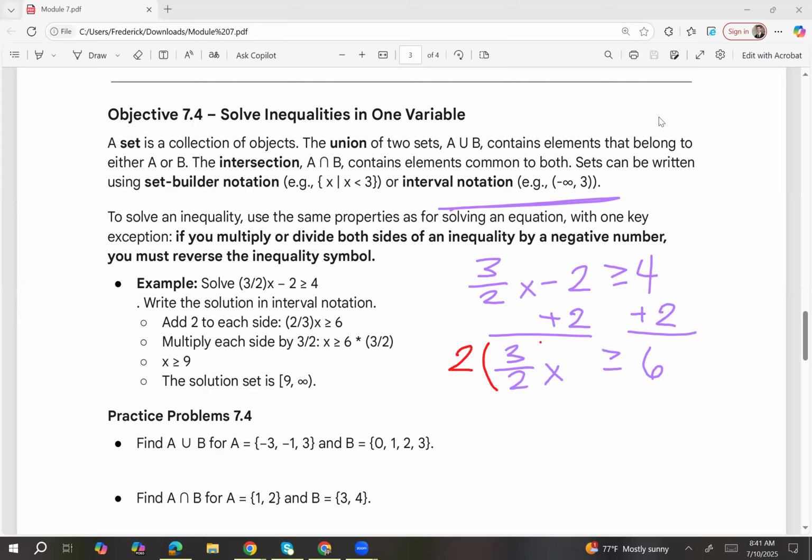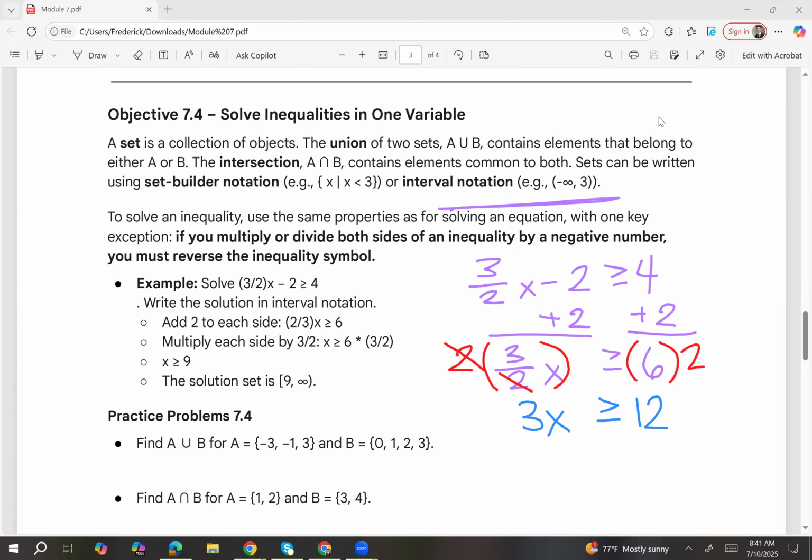Multiply by 2 on both sides. And what that does is it sets you up to divide this quantity that's in the bottom of the fraction, the denominator, leaving you with only what's on the top and the variable x. So we've got 3x remaining on the left-hand side, greater than or equal to 6 times 2, or 12.